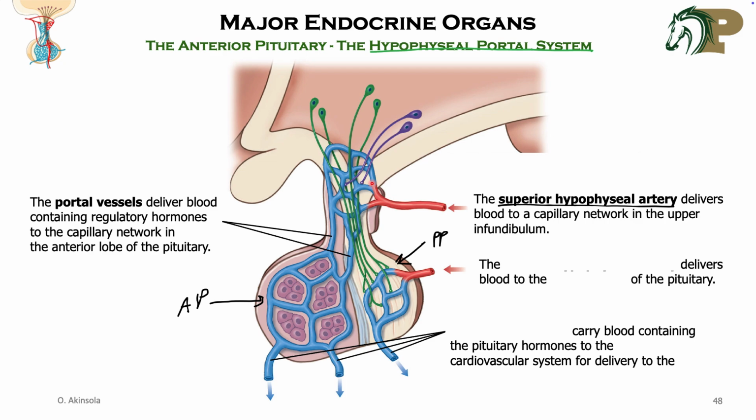That superior hypophyseal artery delivers blood to the infundibulum, and then that blood will travel down to the anterior pituitary. Now, if you look over here, we have an artery entering the posterior pituitary. That's your inferior hypophyseal artery that will deliver blood to the posterior lobe of the pituitary.